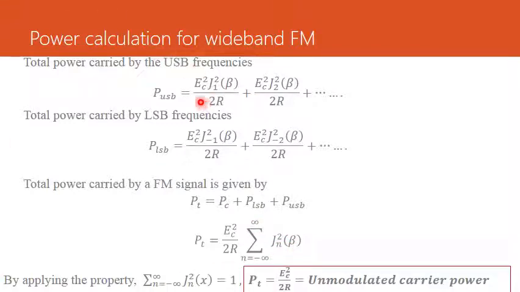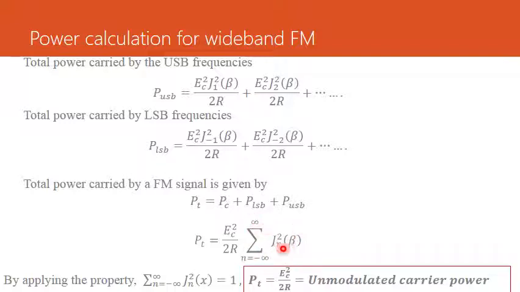In both the upper and lower sidebands the term Ec square by 2R is constant, so in PT we take Ec square by 2R outside. PT is now Ec square divided by 2R summation from n equal to minus infinity to infinity Jn square of beta.